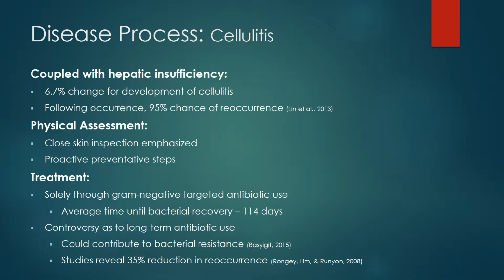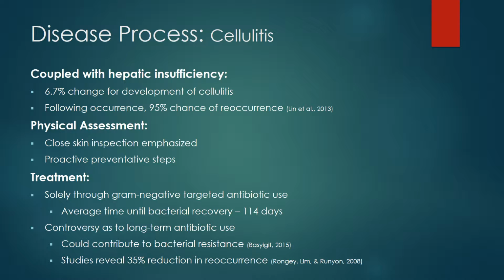With cellulitis, when coupled with hepatic insufficiencies, there's a 6.7% chance that a person will develop cellulitis. And then following cellulitis, once they've had it, there's a 95% chance that it will reoccur at some point.